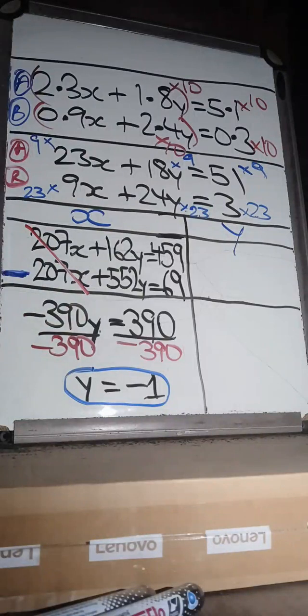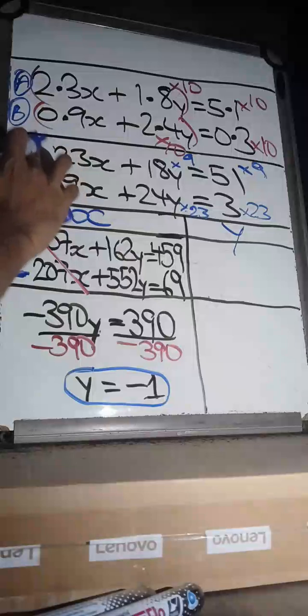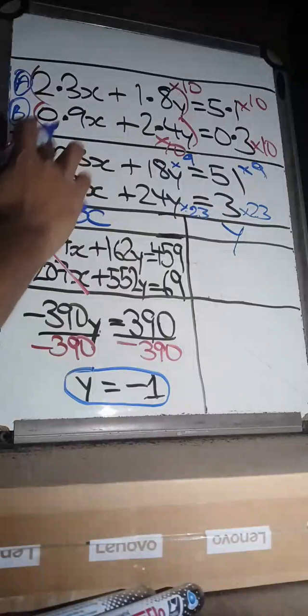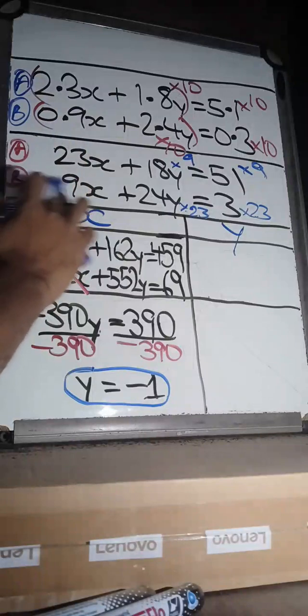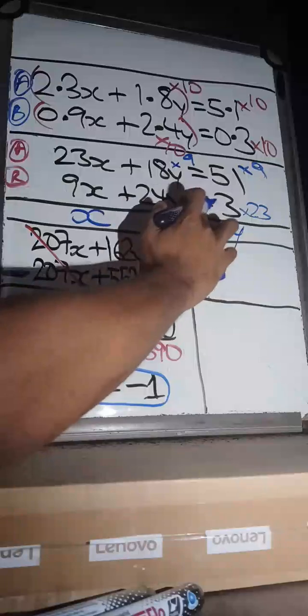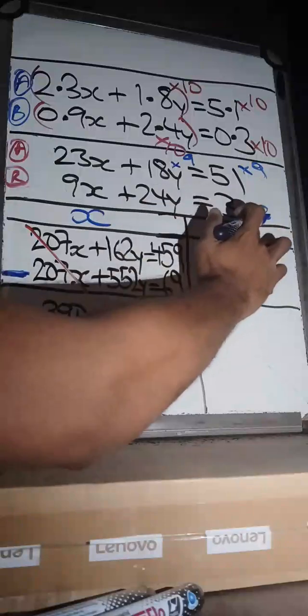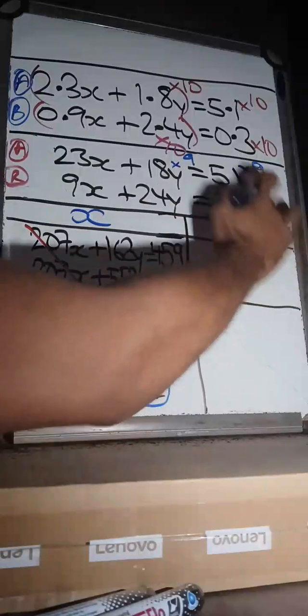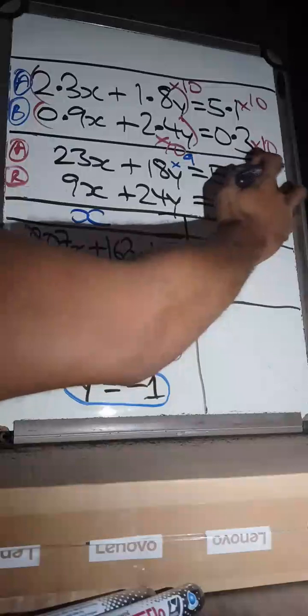Okay, so we have that. So let's be careful now. We are now moving over to the y's. So let me get rid of these numbers here. The numbers that I'm going to use for 18 and 24 is going to be 4 and 3, right?